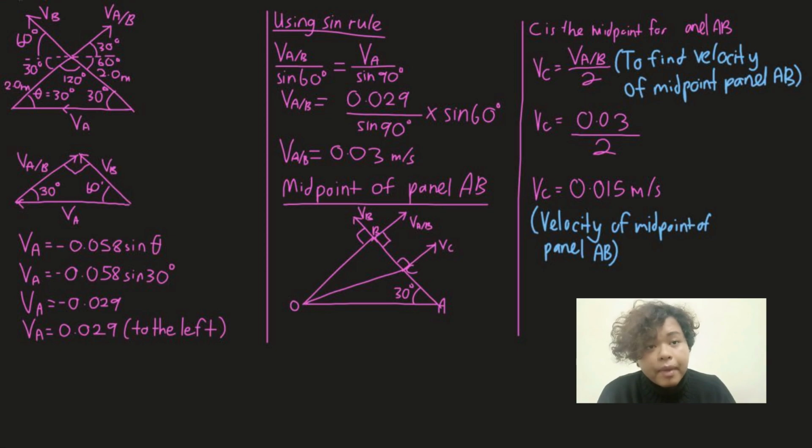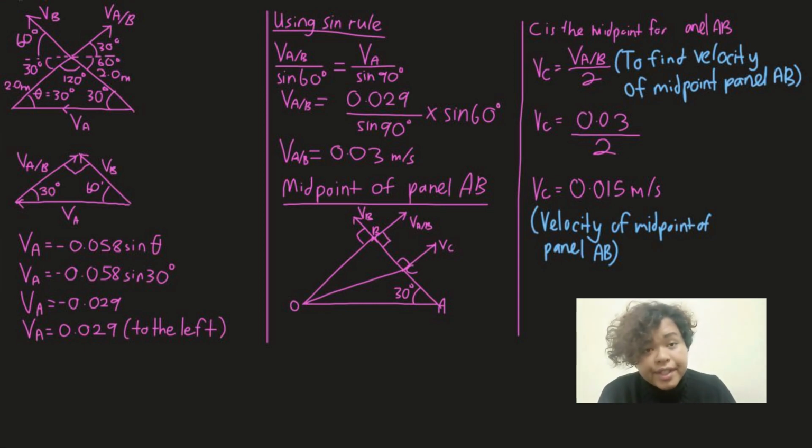So based on the average velocity at point A, we have VA equal to negative 0.058 sine theta. So we're just going to substitute theta with 30 degree. By using the sine rule, we have VAB, VB, and VA, which is 30 degree, 60 degree, and 90 degree.